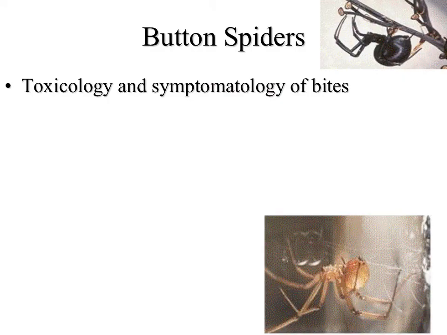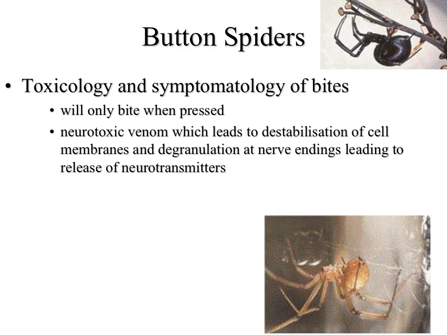So in terms of the toxicology and symptomatology, like I said earlier, these spiders will only bite if they are pressed. And they have a neurotoxic venom which leads to destabilization of cell membranes and degranulation at nerve endings, leading to a release of neurotransmitters.